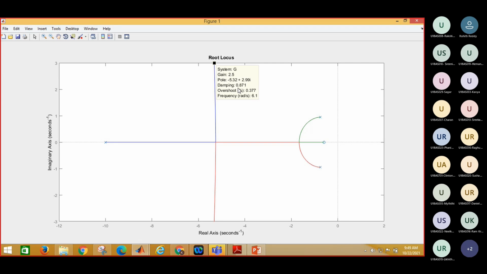The respective gain is 2.5. Here damping is almost 0.871. So for the outer loop, if the damping is slightly 0.5 or 0.6, then it is designed for a good control system. That's why initially we make the inner loop damping 0.871, with my rate gyro sensitivity value selected as 2.5.